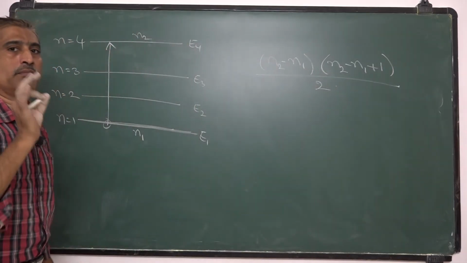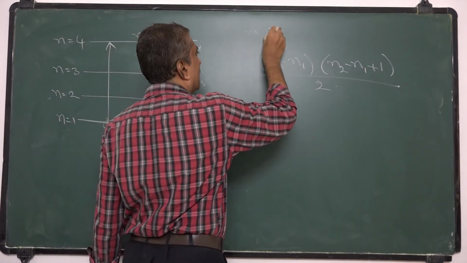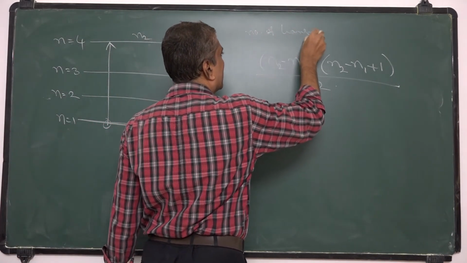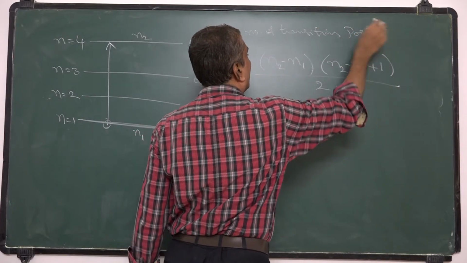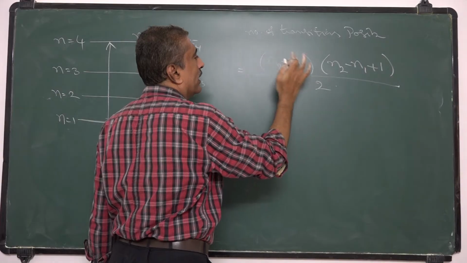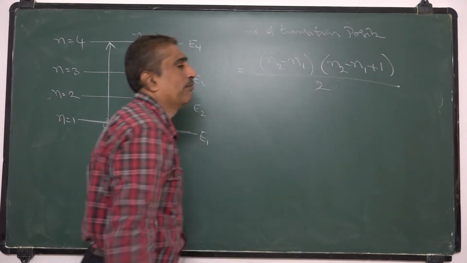Remember, the number of transitions possible is equal to (n2 minus n1) into (n2 minus n1 plus 1) divided by 2.